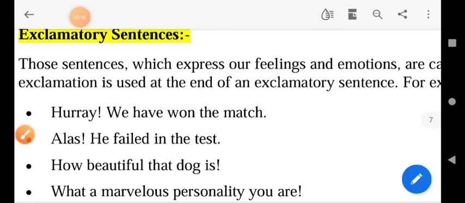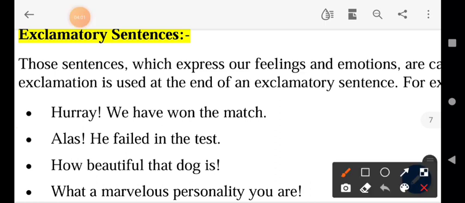For example, some of the exclamatory sentences have interjection words: hooray, alas. They start with exclamatory how and what. These are 2 structures.